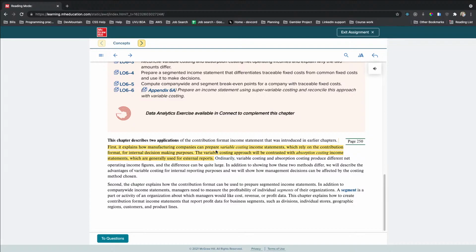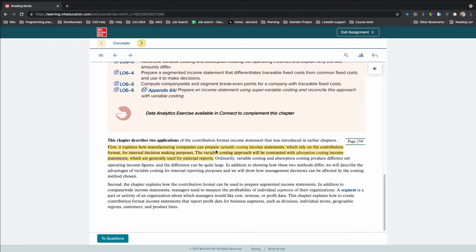Ordinarily, variable costing and absorption costing produce different net operating income figures. The difference can be quite large. In addition to showing how these two methods differ, we will describe the advantages of variable costing for internal reporting purposes, and we will show how management decisions can be affected by the costing method chosen.